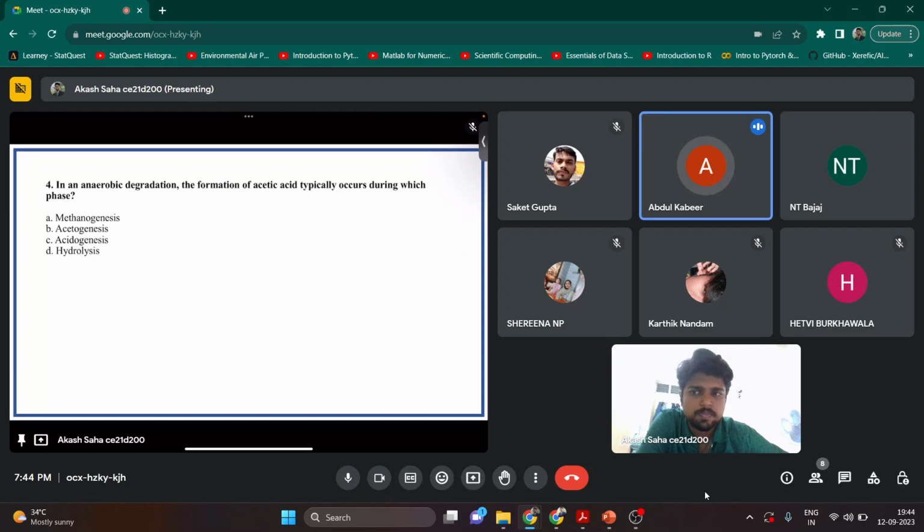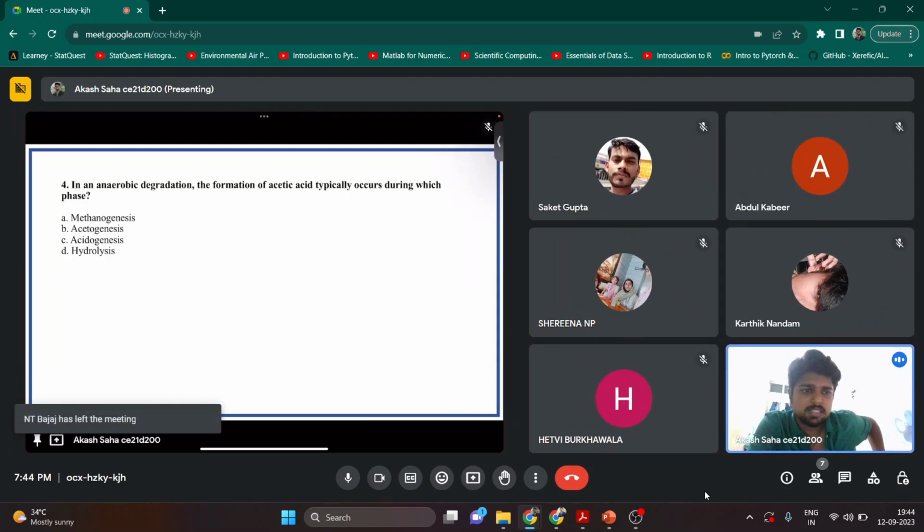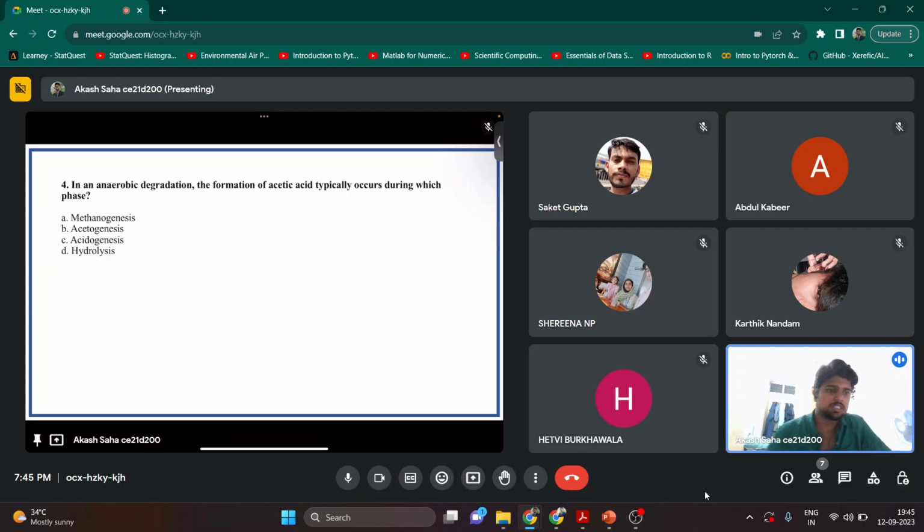It is B, acetogenesis. Acetogenesis is the process in which the products formed in acidogenesis, that is the volatile fatty acids, are converted into acetates and hydrogen. So it is the acetogenesis process.